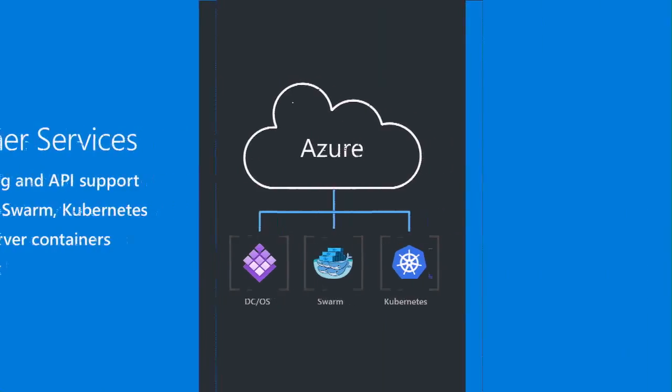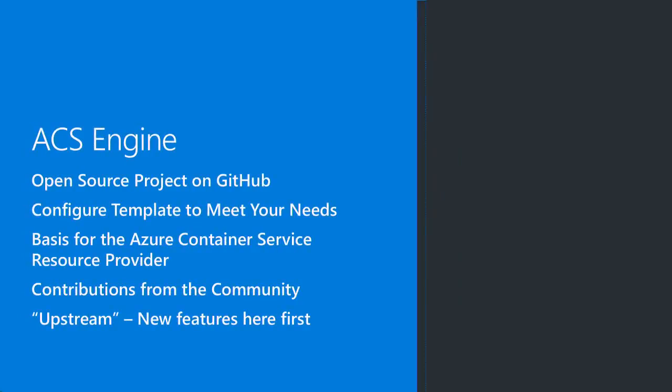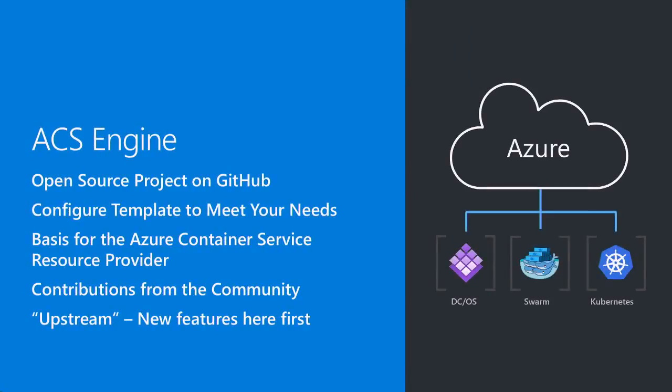So behind Azure Container Service is Azure Container Service Engine, which is a fully open source project. This is the code that is used to take your parameters and build your Azure Container Service environment. The reason we've done that is because we prescribe the kind of environments you can provision, so the number of masters you have, the base operating system.